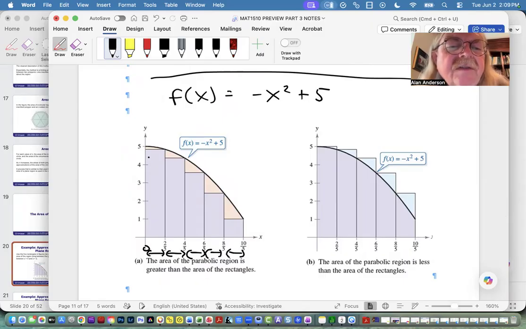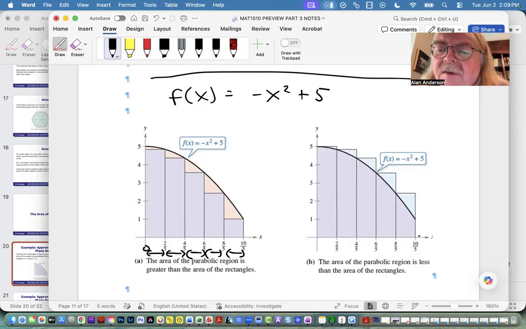So once we've chosen the left endpoint, we move over to a right endpoint, and then we draw our rectangle. So we start with the left, move across to the next endpoint, which is the right endpoint for this one. And you can see we end up with this setup.